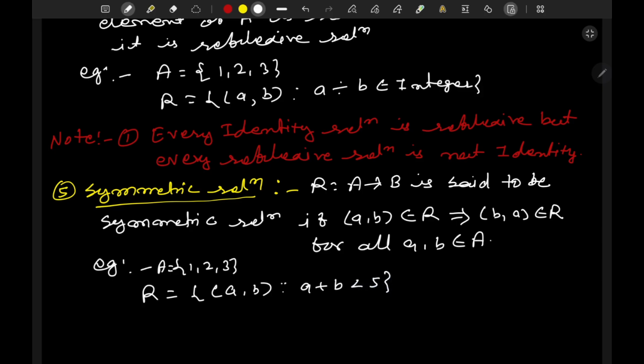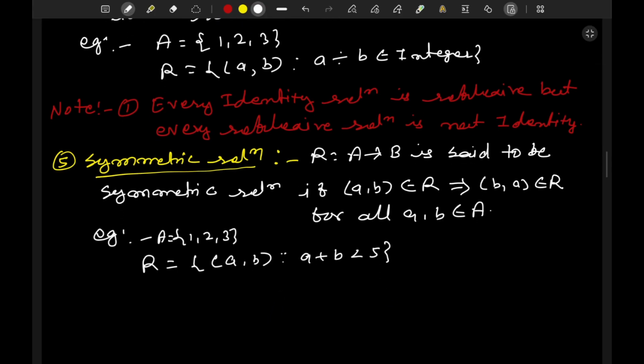In this relation we have 1, 1; 1, 2; 1, 3; 2, 1; 2, 2; but 2, 3 is not allowed, and 3, 3 is not allowed.